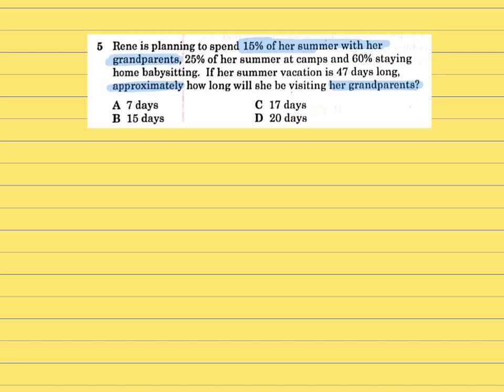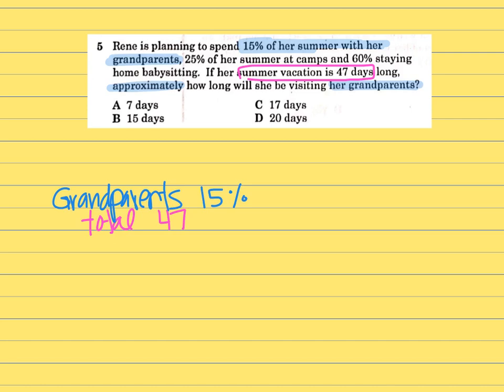When you read back up in the question, it says 15% of her summer will be with her grandparents. And then the total amount of time her summer vacation is 47 days long. So I'm going to take the total, 47, and then the amount of time she is with her grandparents was 15%. Those are the important numbers we need.